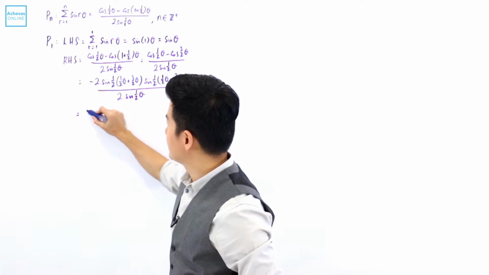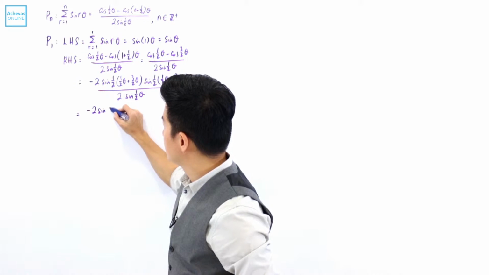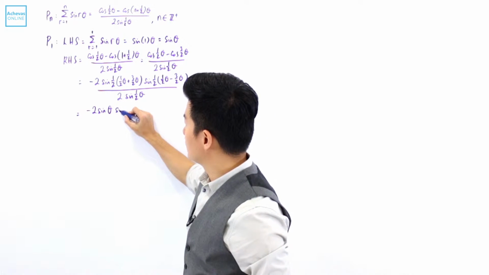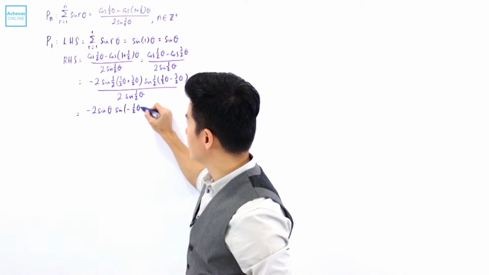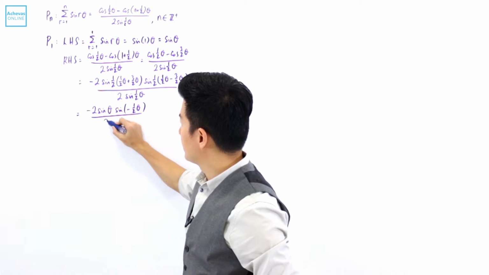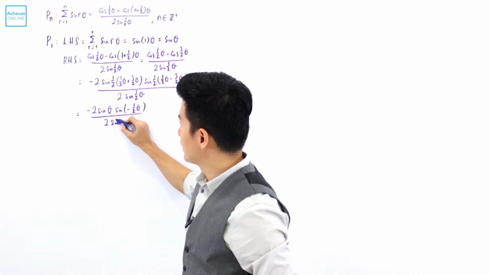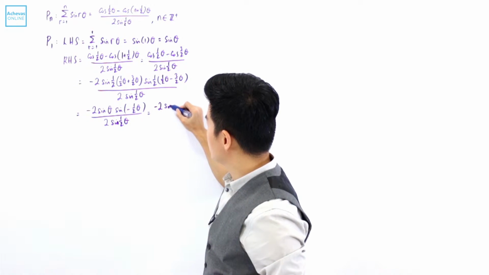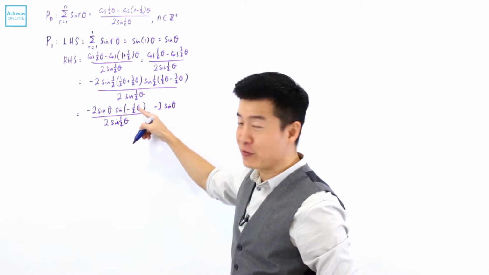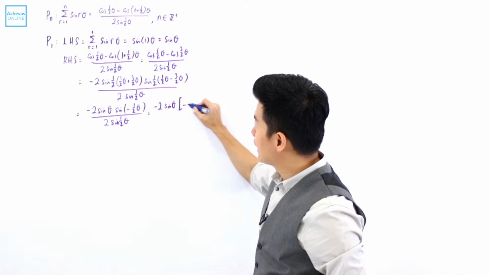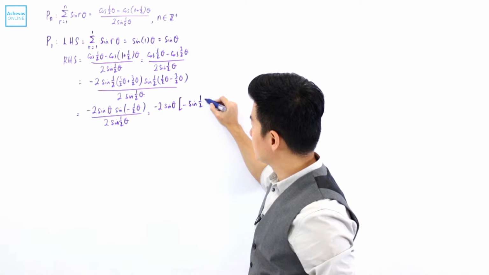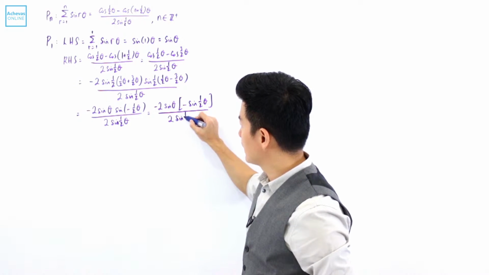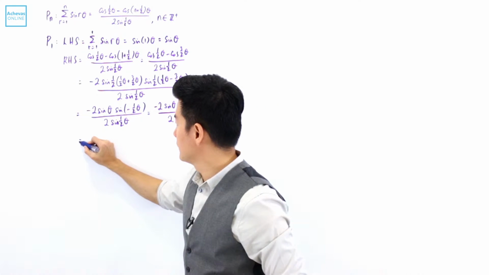And what we'll be getting is a minus 2 sine, this is going to be theta, and this is going to be minus half theta, divided by 2 sine half theta. This is minus 2 sine theta, and sine of a negative angle is negative sine of the angle, divided by 2 sine half theta.